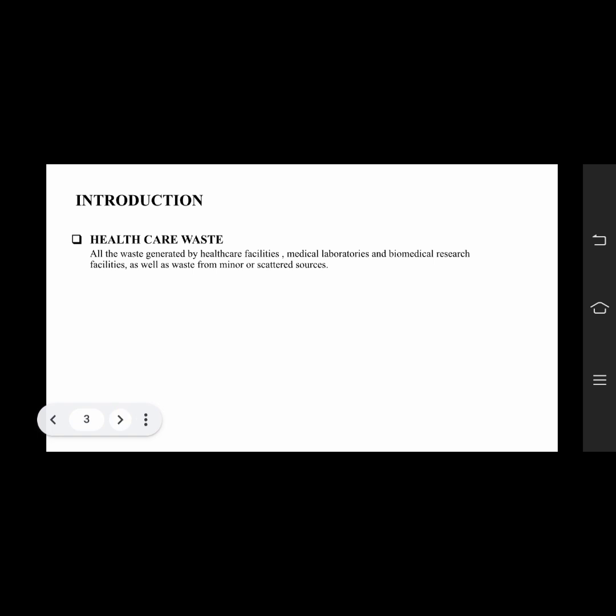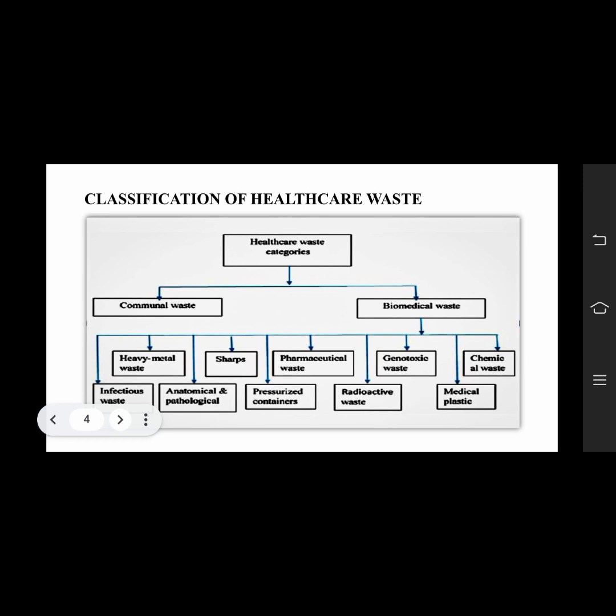So after that, we come to the classification of this healthcare waste. These healthcare waste categories can be communal and can be biomedical. So when we talk about biomedical waste, let's focus on biomedical waste, where it has all types of categories: heavy metal sharps, pharmaceutical waste, toxic chemical waste.